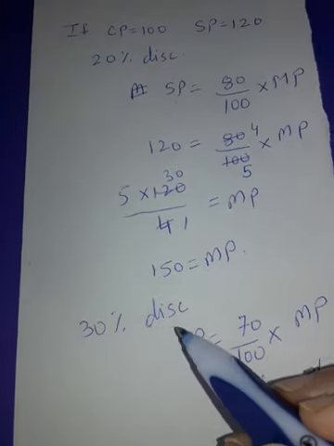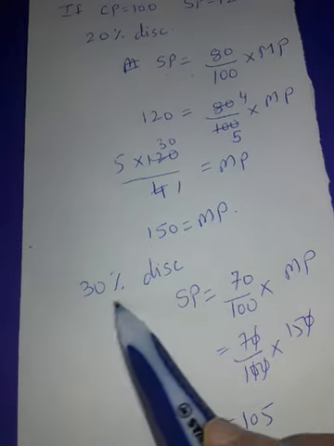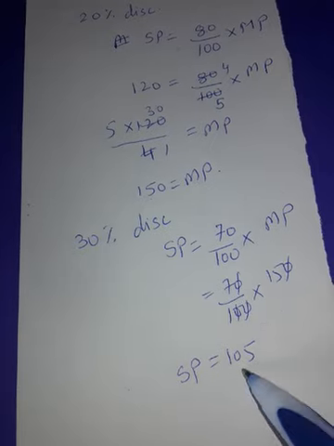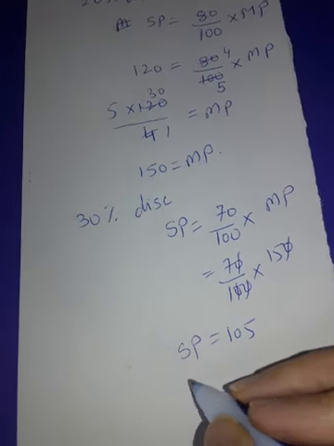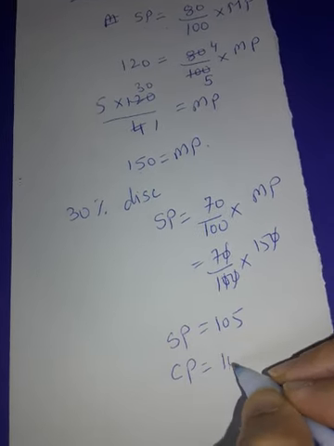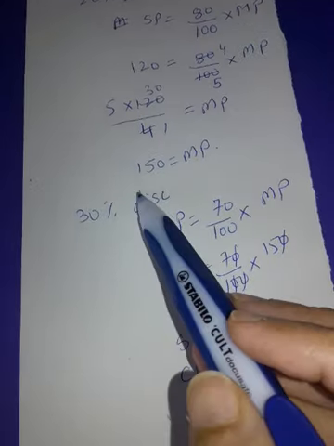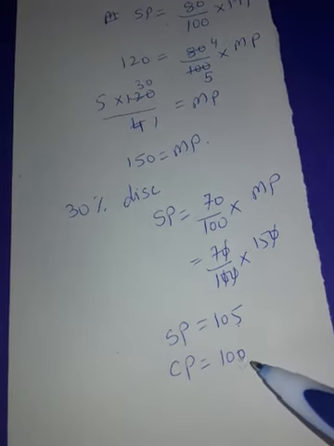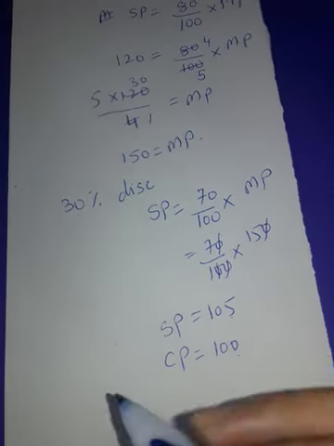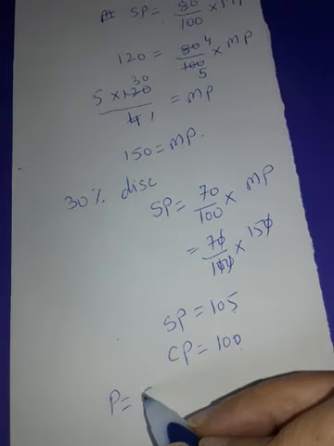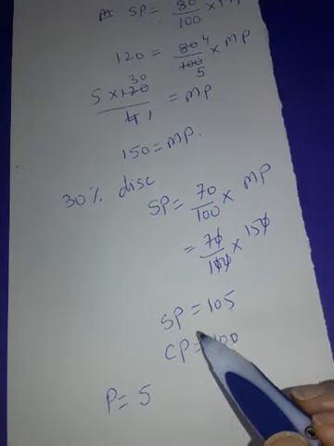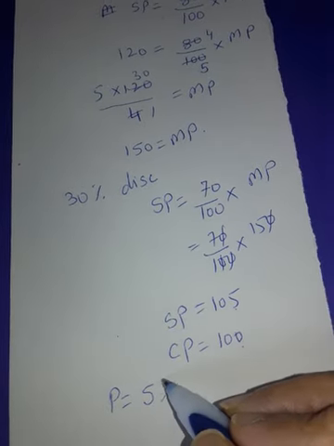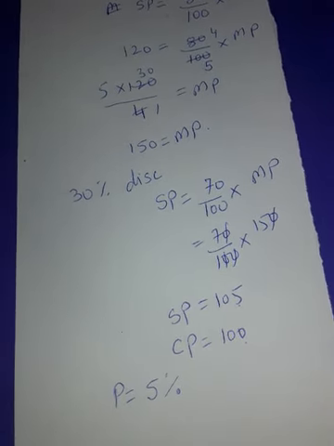So in this second case, if the discount is 30%, SP will be 105. But what is CP? That we have assumed as 100. So selling price will be 105 and cost price is 100. So profit will be 5, and this is over cost price 100. So it will be 5%.